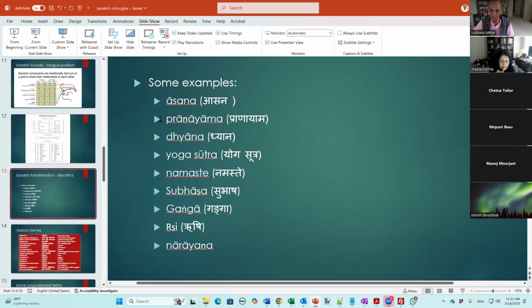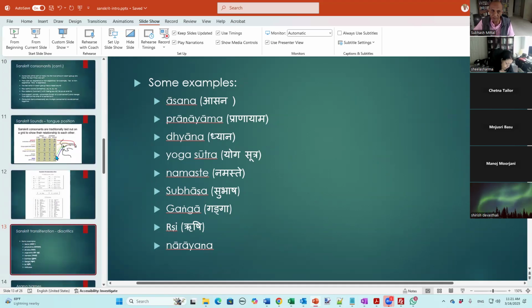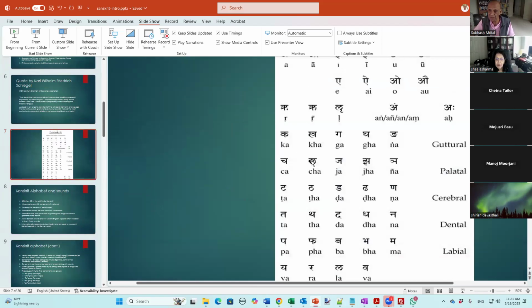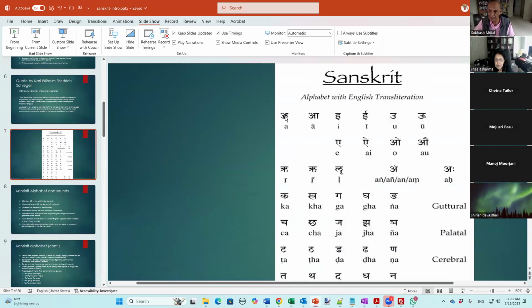When I put a little bar on top of a, the sound is ah. It's a longer sound. In the alphabet, the first letter is a, the next letter is ah. This is the short letter, this is the long letter.